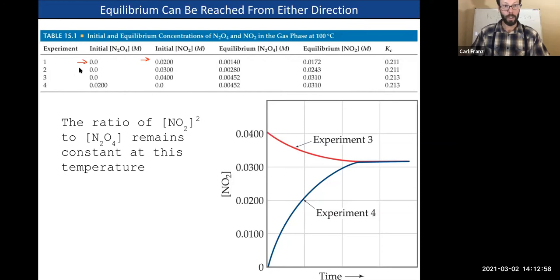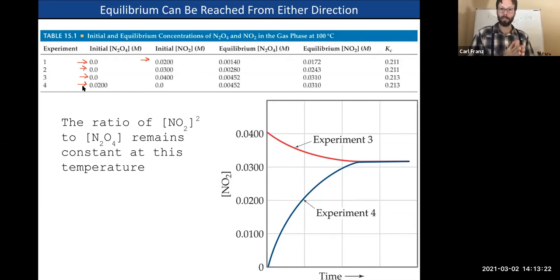And in experiment 2, same thing, 0. For experiment 3, 0. And then we have different concentrations of nitrogen dioxide. But in the 4th experiment, we do something different. Instead of starting off with nitrogen dioxide, we start off with dinitrogen tetroxide.